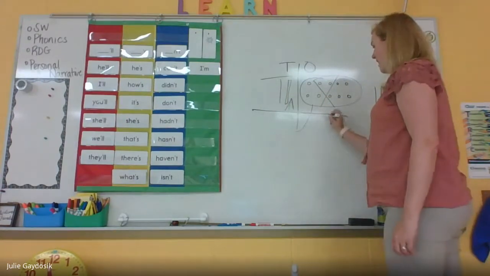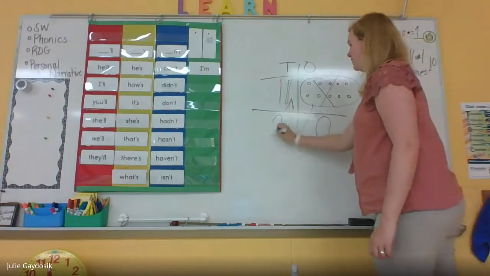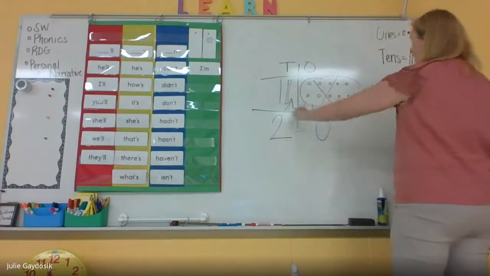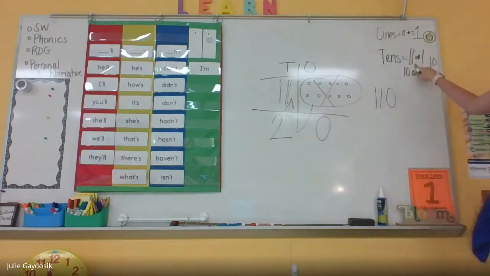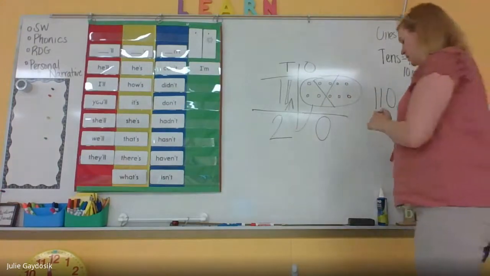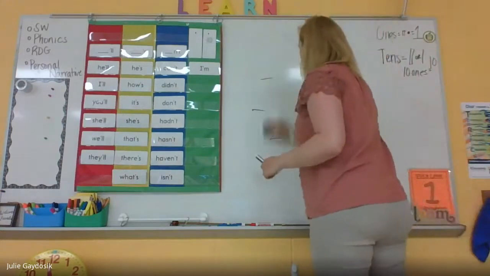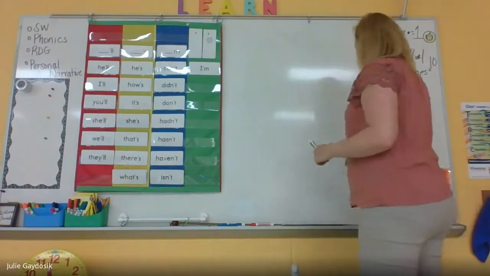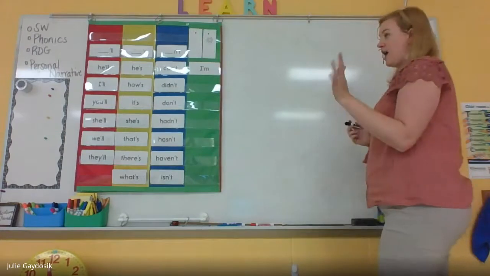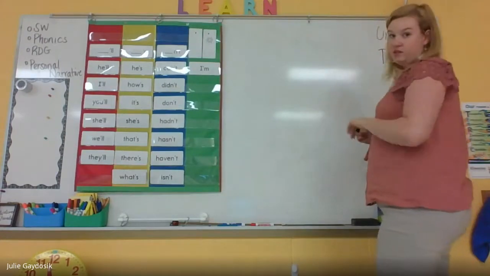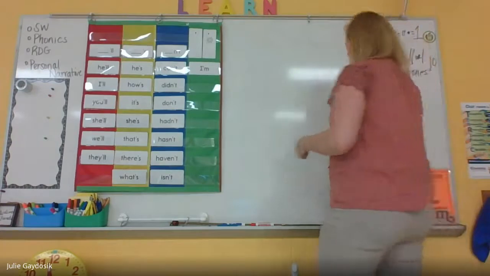Now I have 0 ones and I have 2 tens because 10 ones is the same as 1 ten. So we're going to do an example of this type of problem. You can only put 0 through 9 in any thousands, hundreds, tens, or ones spot. You can't put any number greater than that.